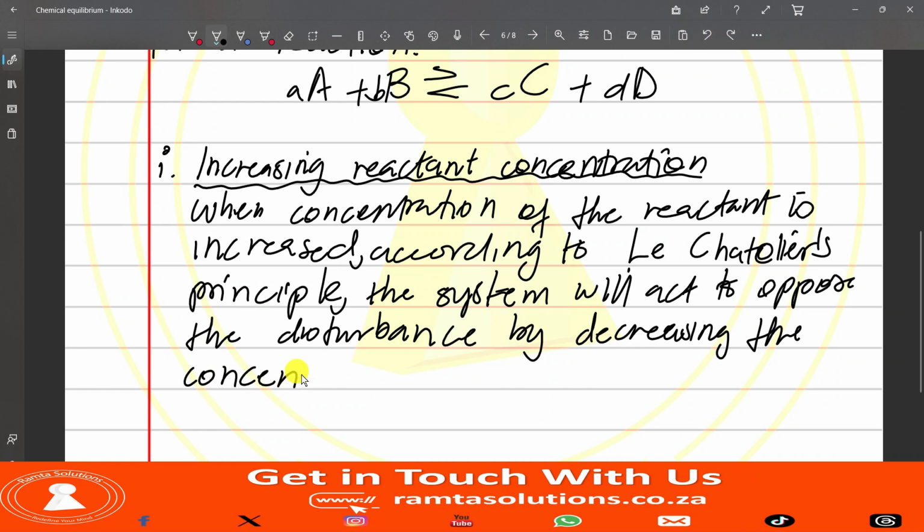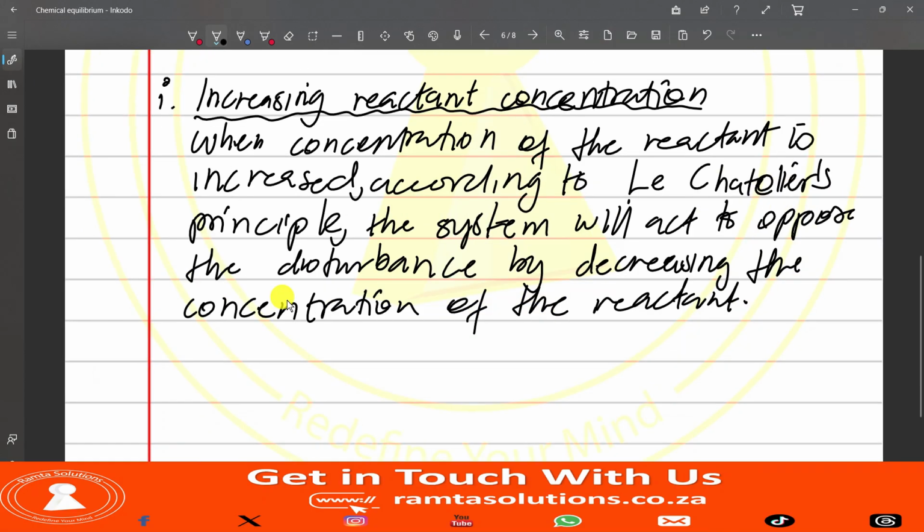Now, what can reduce the concentration of the reactant? It is the forward reaction, isn't it? So in other words, the equilibrium will shift in the direction that uses the reactant. You guys got it?